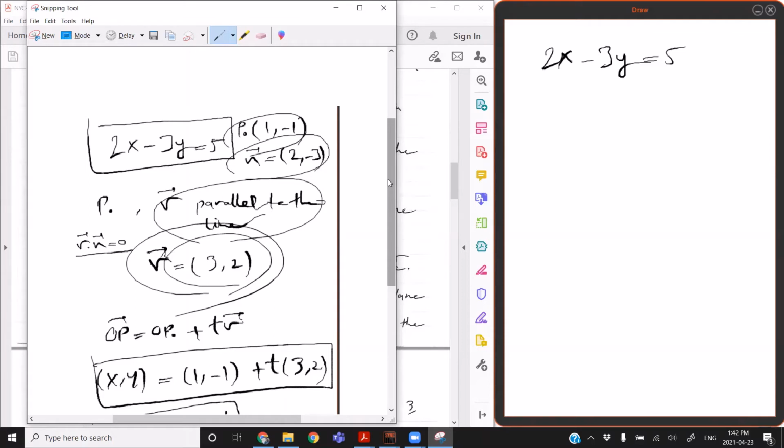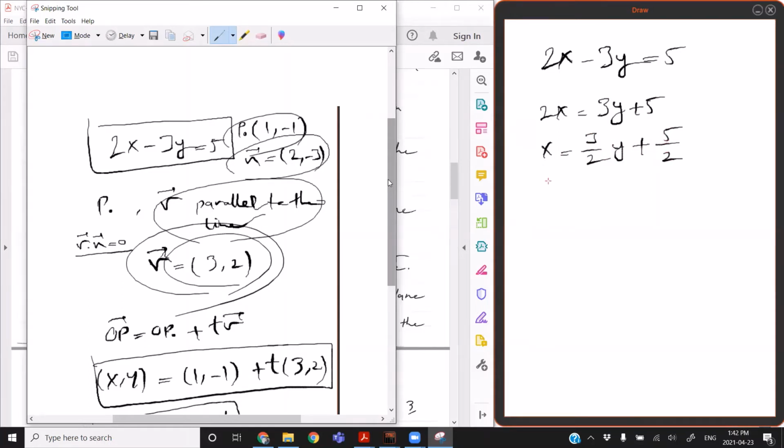Then this is something that we learned in the very first class. You have to isolate one of the variables. Your leading variable in this case would be x. So you isolate that. You get 2x is equal 3y plus 5. That means x is 3 over 2y plus 5 over 2.